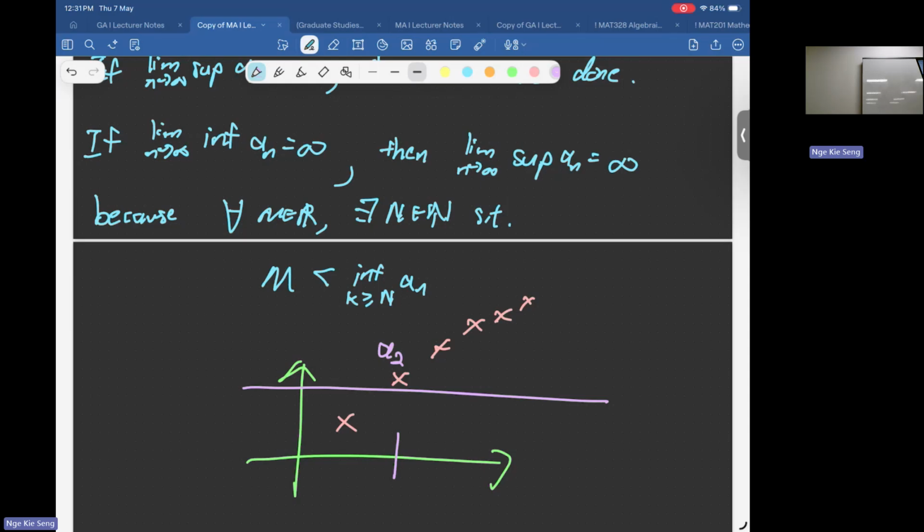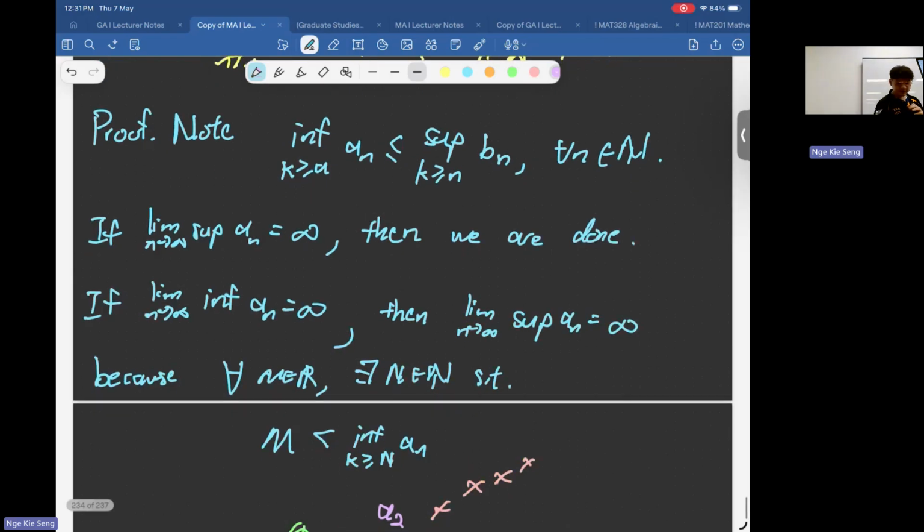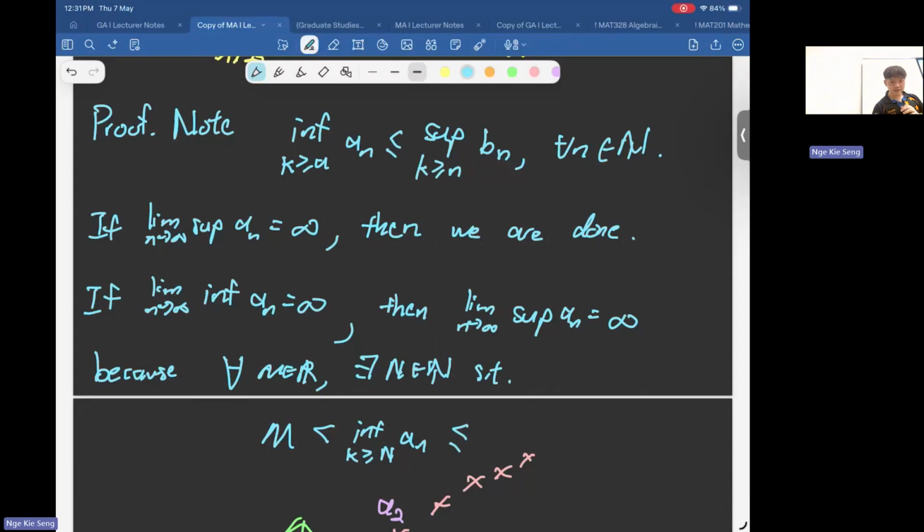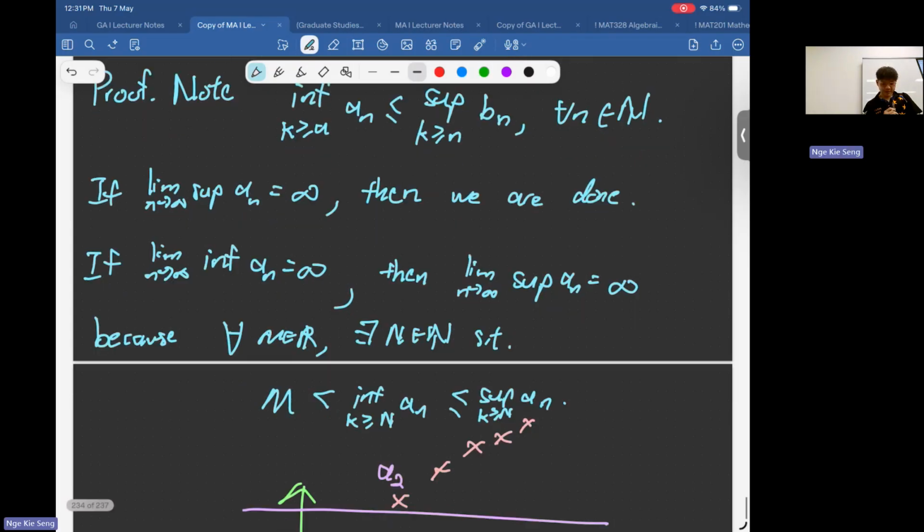So m is less than the inf, and from the first statement we know that inf is always less than or equal to sup. So we also have sup always greater than a real number, so sup also goes to infinity. Good.